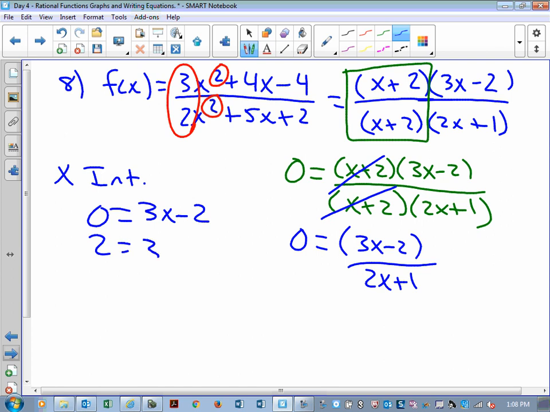So 2 equals 3x, and x equals 2/3. There's our x-intercept, so it's (2/3, 0). Make sure you write it as a point. Don't give me x equals. An intercept is a point.